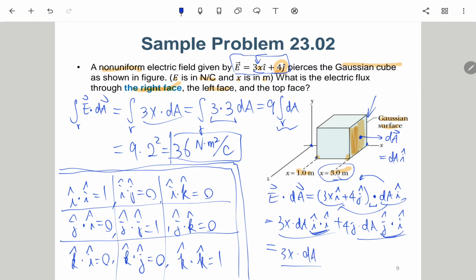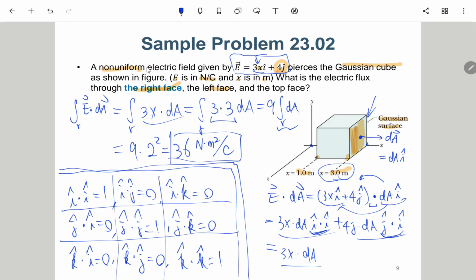So this is the dot product for the unit vectors in the Cartesian coordinate. You can easily remember all this, and then we can use it for this calculation. And then this integration is easy because we are integrating a constant.